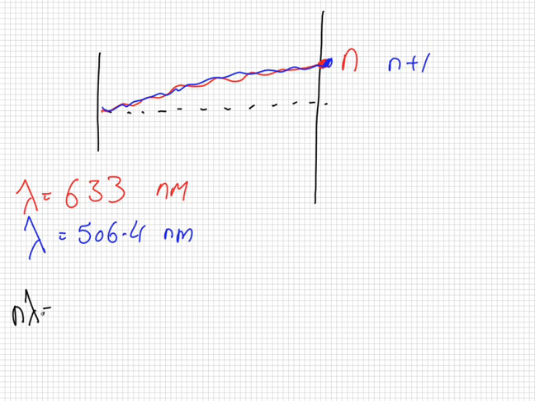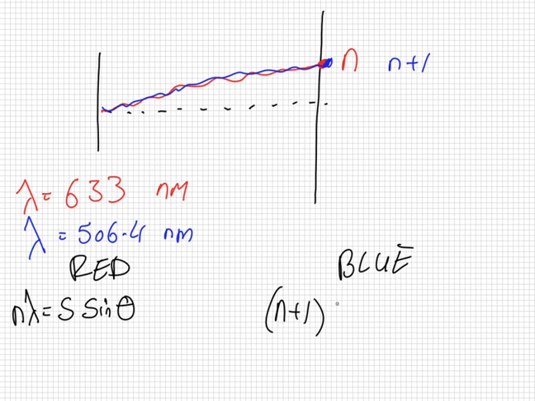Okay. So I have n lambda equals s sine theta. This can be for the red. And then for the blue, I have n plus 1 lambda, and this is a different lambda. But what's good here is the s is the same, the diffraction grating, and the theta is the same.